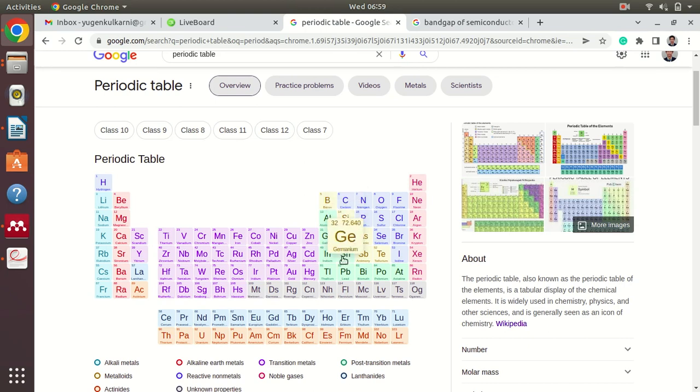So why are they called semiconductors, and what are the properties of these materials? This is the carbon group. In this group there are 4 electrons in the outermost orbit. If you have studied a little bit of chemistry, you know here there is only 1 electron in the outermost orbit, and here there are 7 electrons in the outermost orbit.